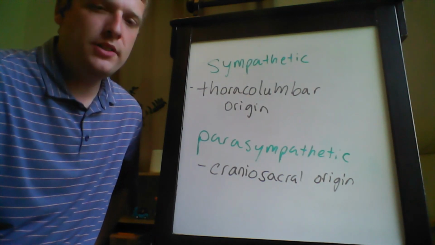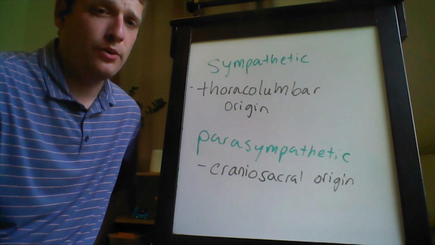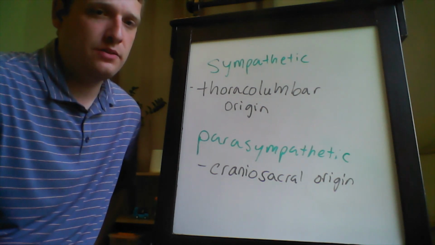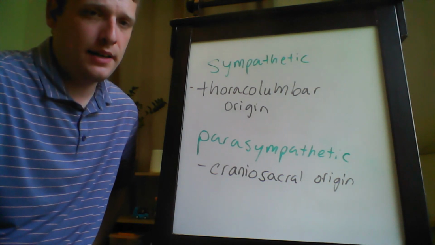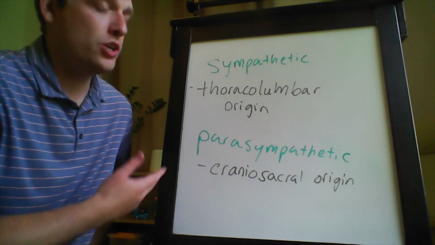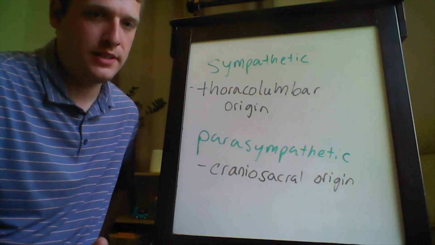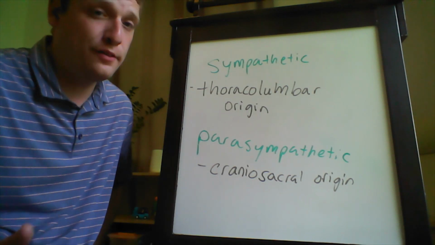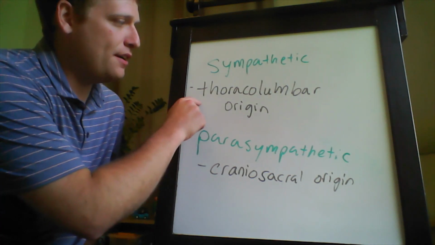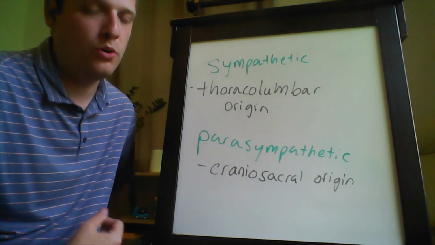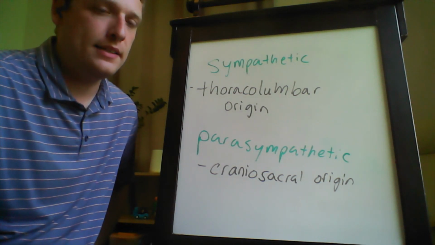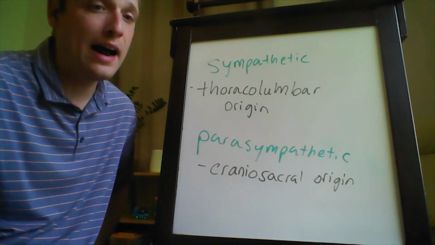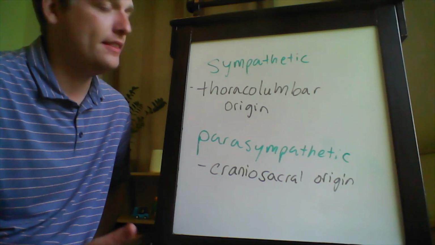These two branches of the autonomic nervous system also differ with respect to their origin. So where do these neurons arise from? And we're talking about where in the central nervous system they arise from. For the sympathetic nervous system, or the fight or flight branch, it is what's called thoracolumbar origin. And that means that these are the nerves from the thoracic region of the spinal cord and the lumbar regions.